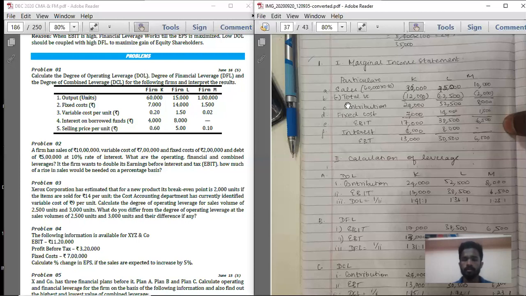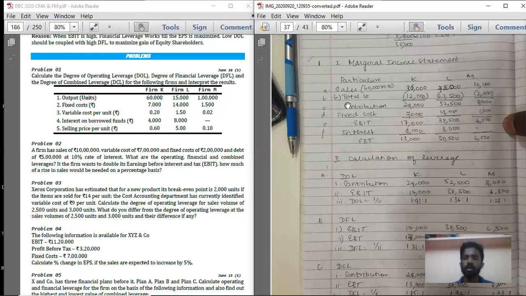Now multiply contribution per unit into output. You will get for K 24,000, for L 52,500, and for M 8,000. So with that we have found total contribution, that is point number E.